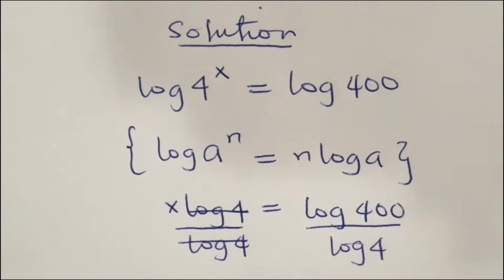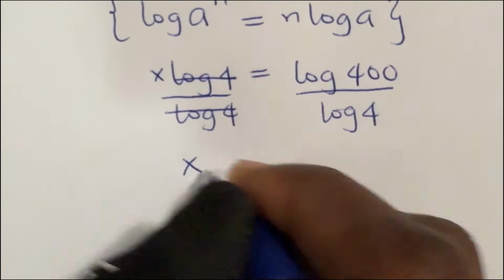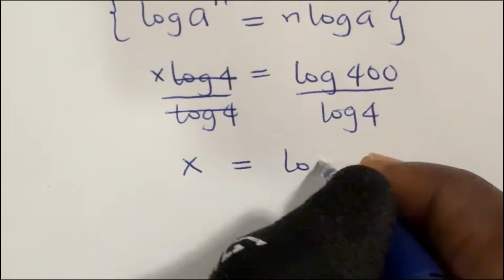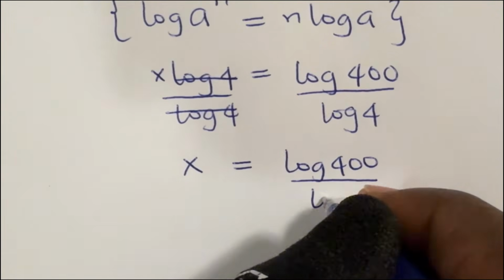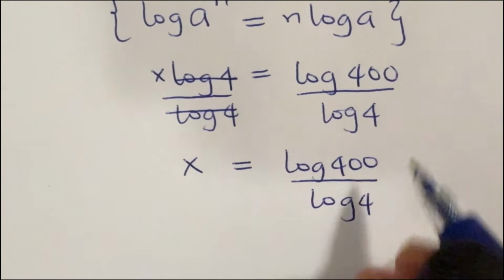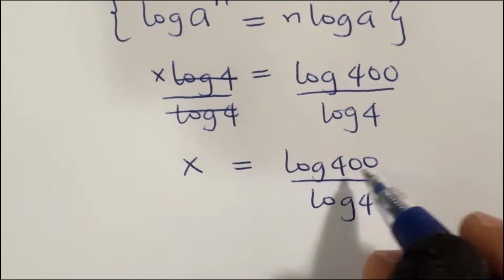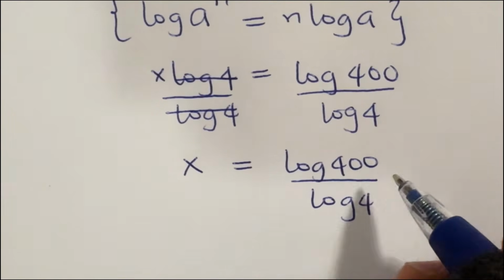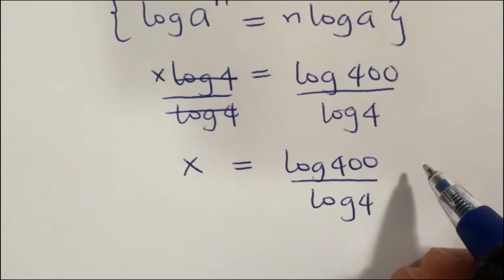This cancels this, and we have x is equal to log 400 over log 4. 400 can be broken down into 4 times 100, and 100 itself can be broken down into 4 times 25.